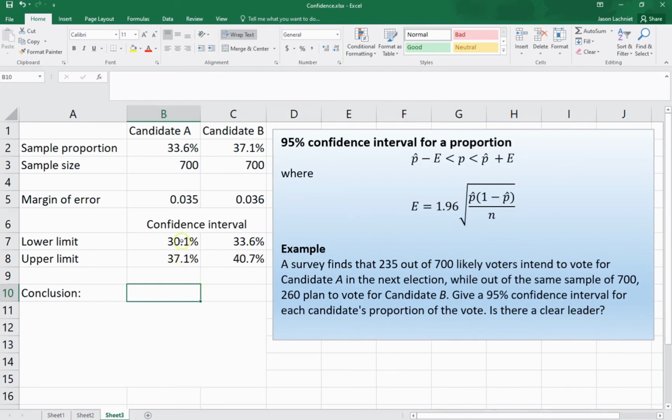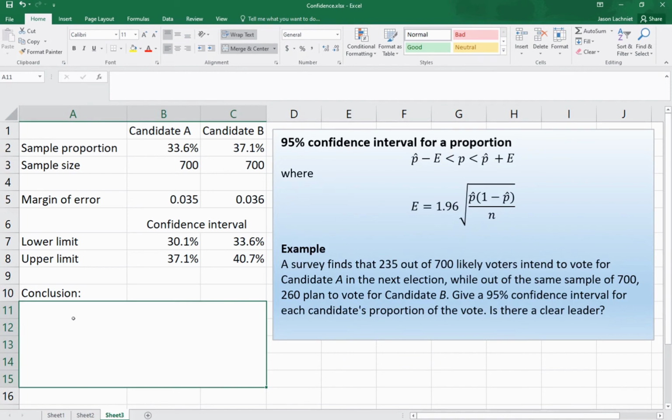Candidate A, for all we know, could be doing as well as 37%. Candidate B could be doing as badly as 33.6%. Because we have that significant overlap, we cannot say with confidence which candidate is leading. So it's a statistical tie. Candidate B's apparent lead is well within the margin of error.